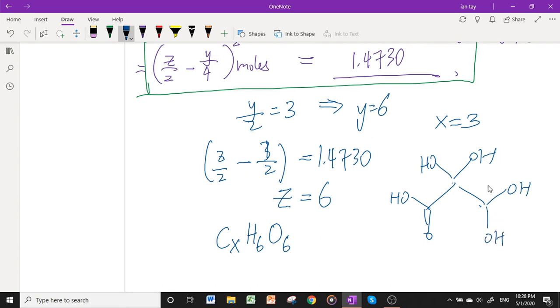Okay, so does this work? How many chiral centers are there? There is none. So this actually poses us with a bit of a problem, right? Alternatively, because we know that there are stereoisomers, perhaps we can shift one oxygen group right over here, correct?